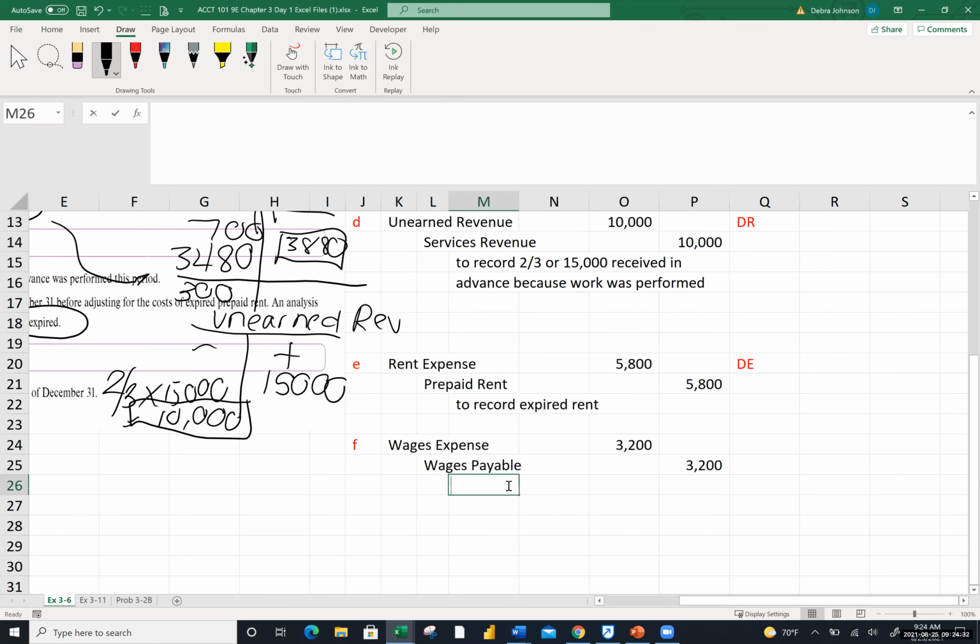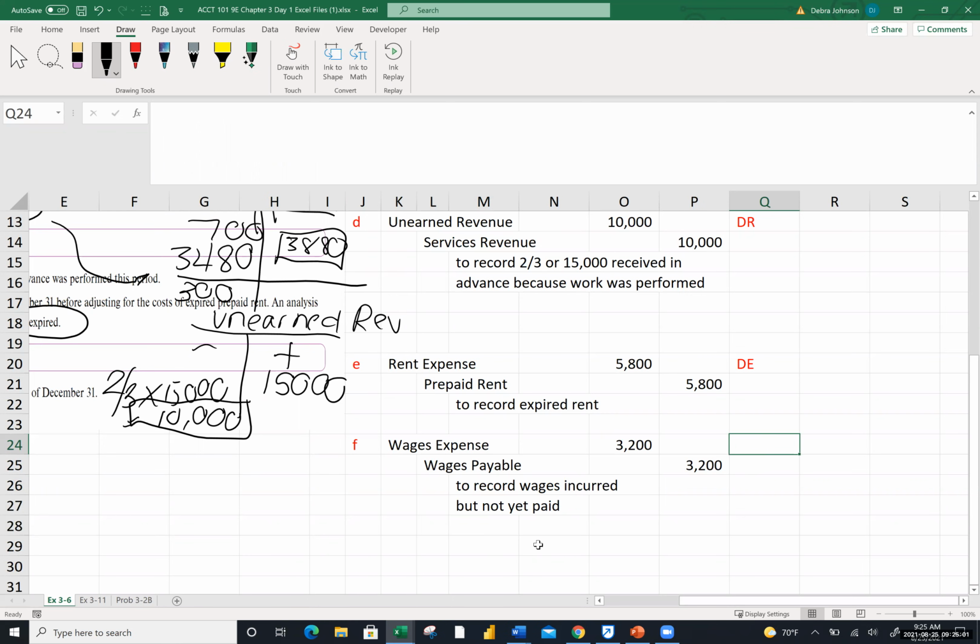And I'm going to write a description: to record wages incurred but not yet paid. And then we're taking it one step further. Has the cash changed hands? The answer is no. It has not yet been paid.